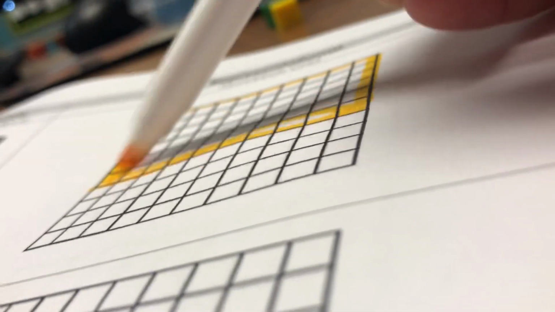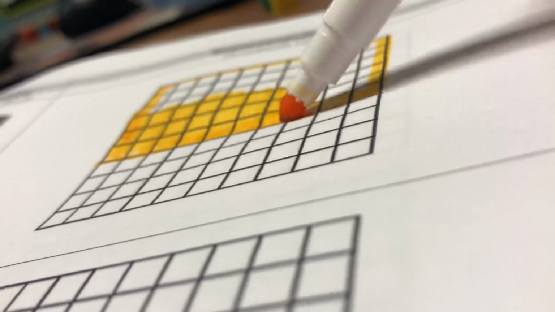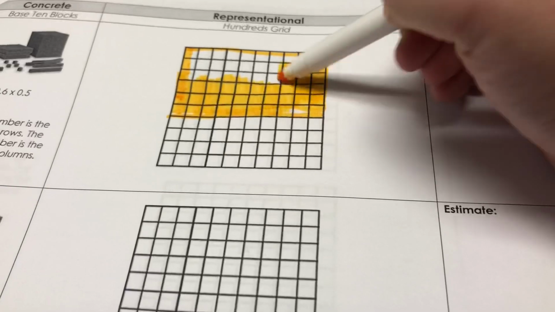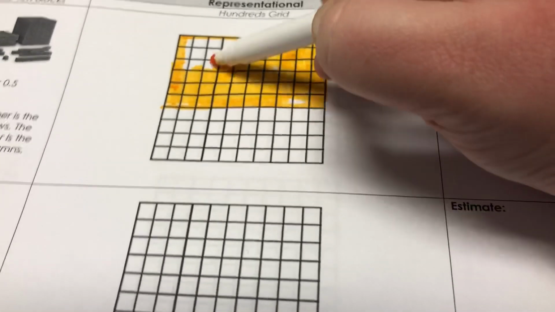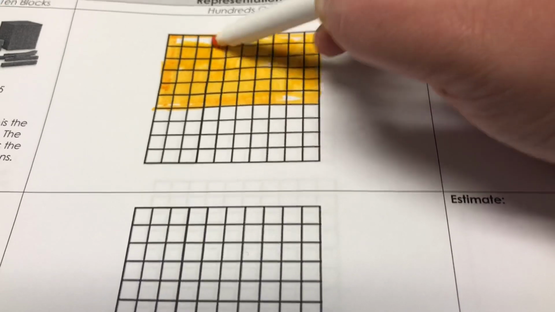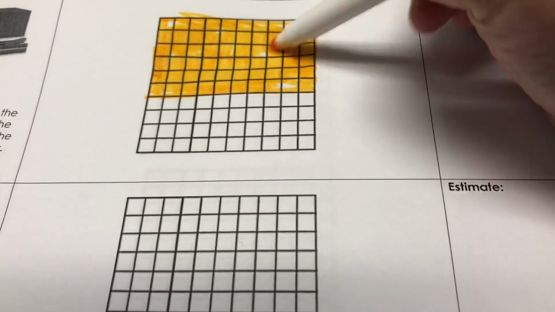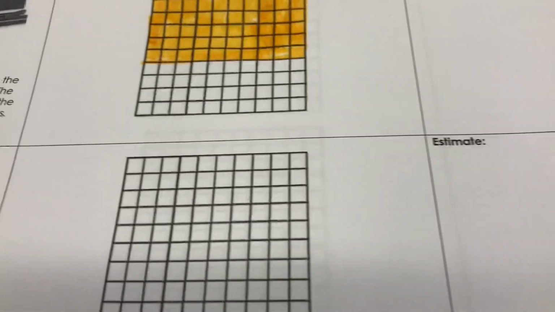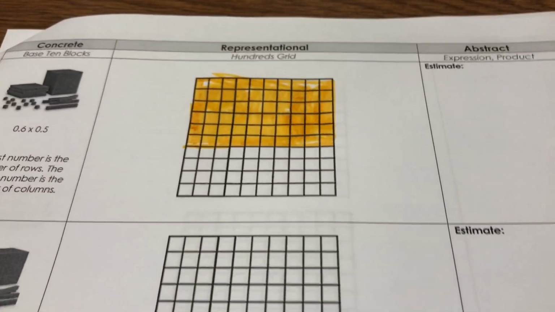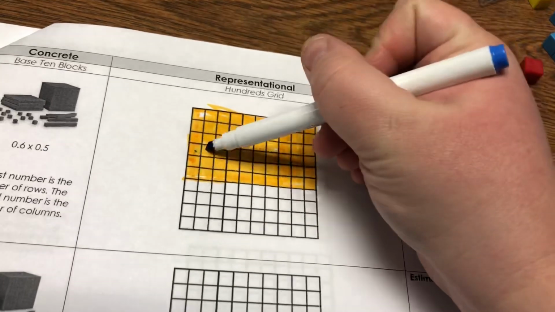And if you're having trouble with this part, just watch me. Okay, so our 6/10 and our 5/10. 1, 2, 3, 4, 5.